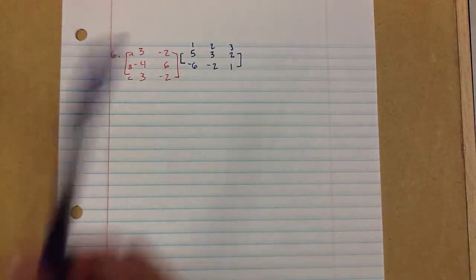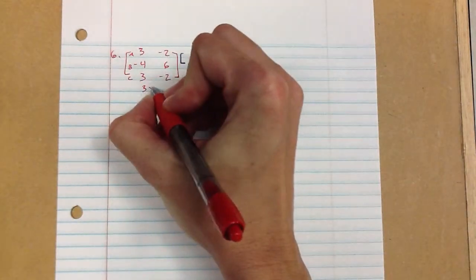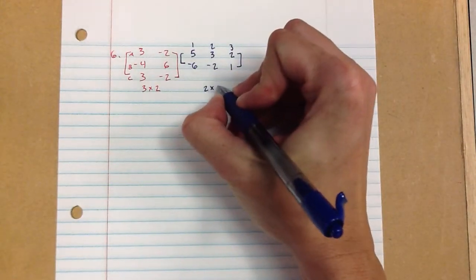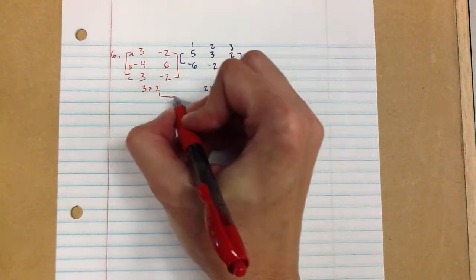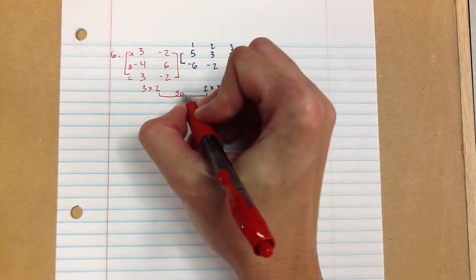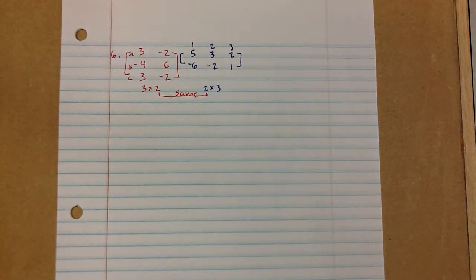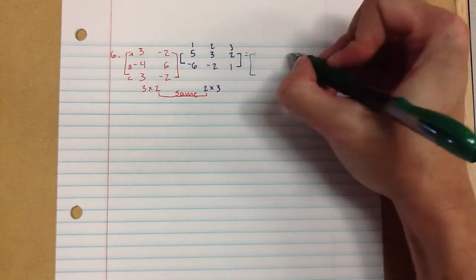Alright. Dimensions for the first one, for the red one: 3 by 2. Dimensions for the other one? And can I put them together? Alright, these two numbers are the same. So what is my product dimension going to be? 3 by 3. Okay. And I'm going to pause before I solve this.